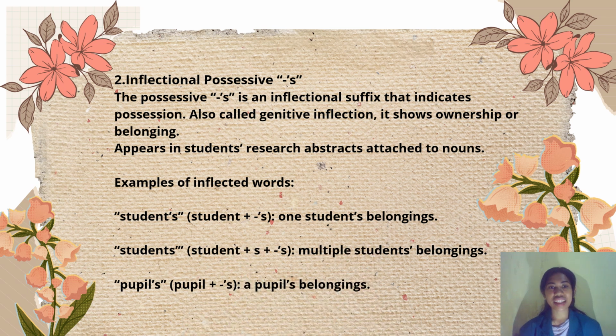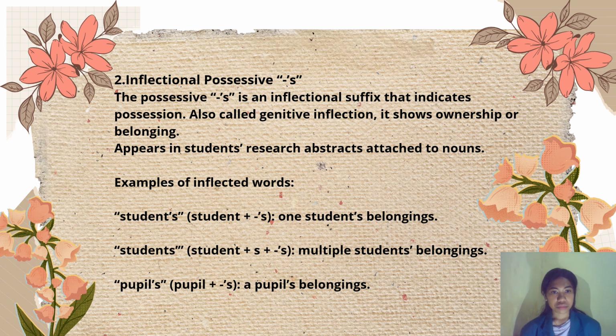Now we move to the next slide. In this slide, we would like to discuss the inflectional possessive s. The possessive s is an inflectional suffix that indicates possession, also called genitive inflection. It shows ownership or belonging. It appears in students' research abstracts attached to nouns. Examples of inflected words: student plus the inflectional possessive s becomes student's, one student's belongings.